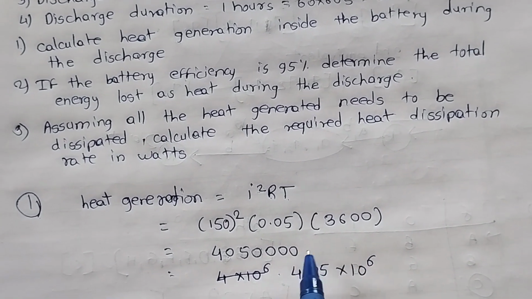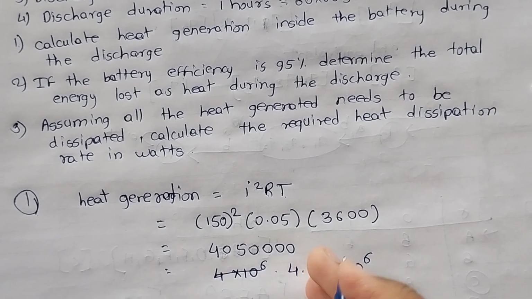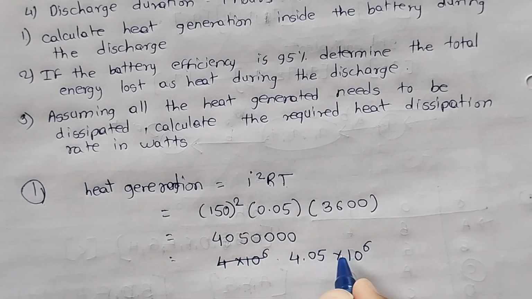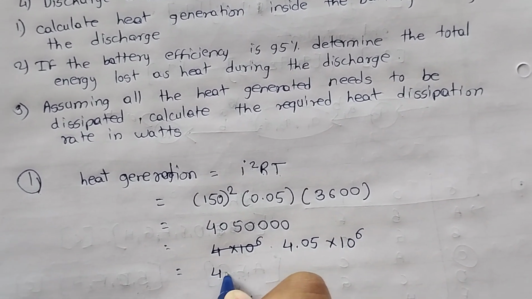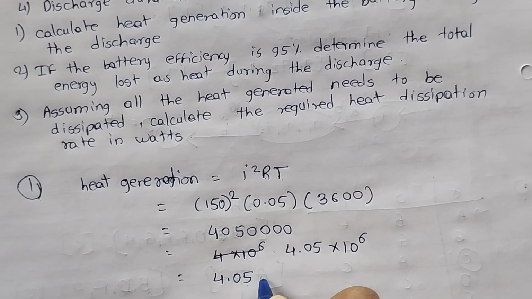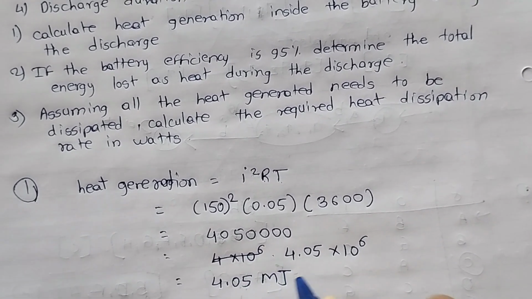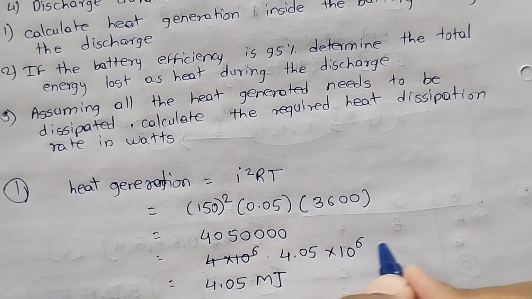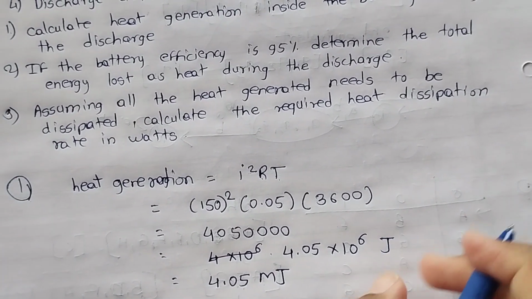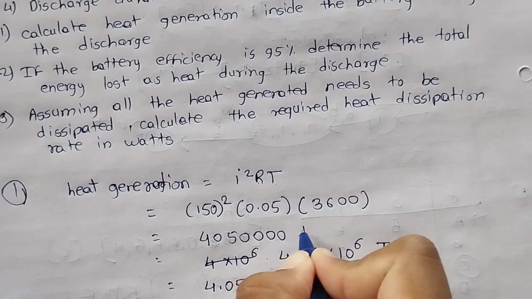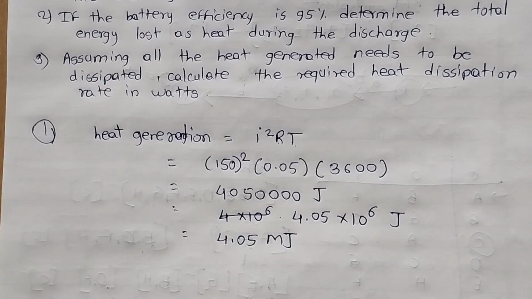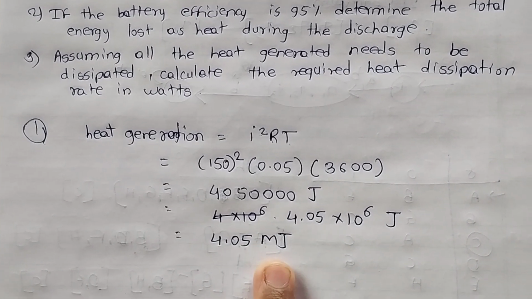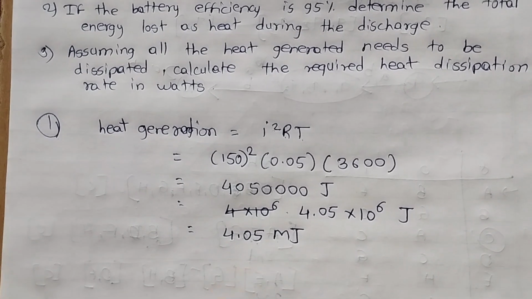We move the decimal point to the left 6 times, so we write 10 raised to 6, and 10 raised to 6 is nothing but mega. Joule is the unit of heat. So this is the final answer: 4.05 mega joule heat is generated.